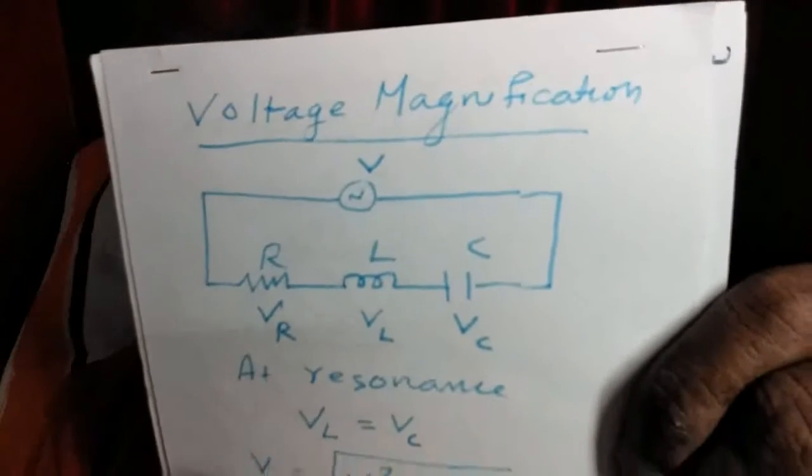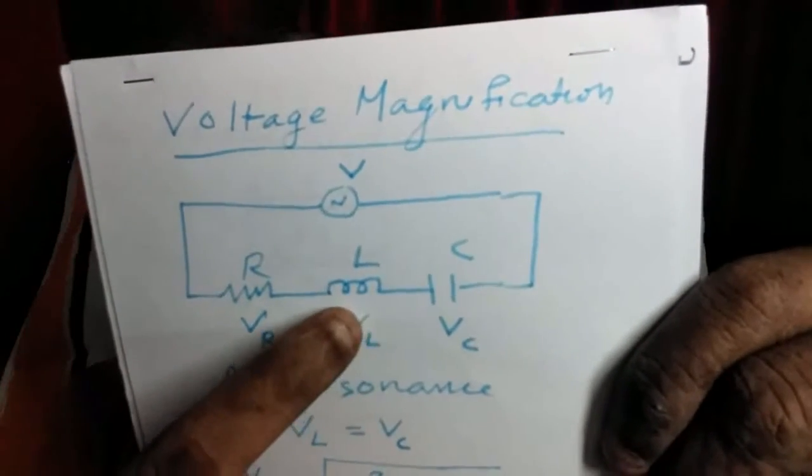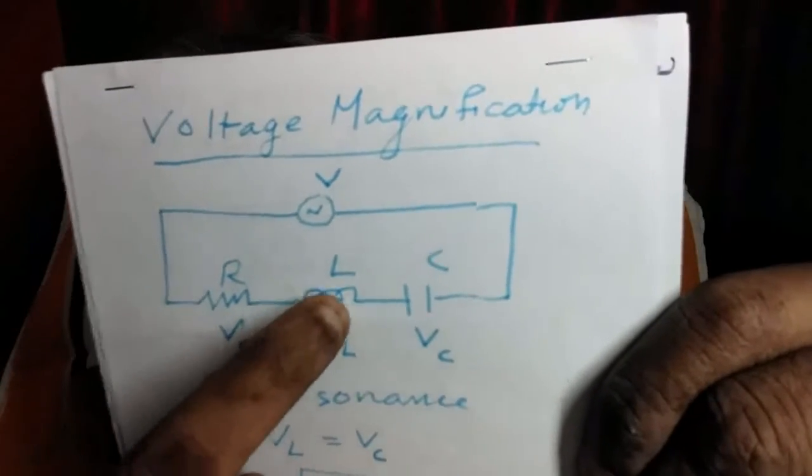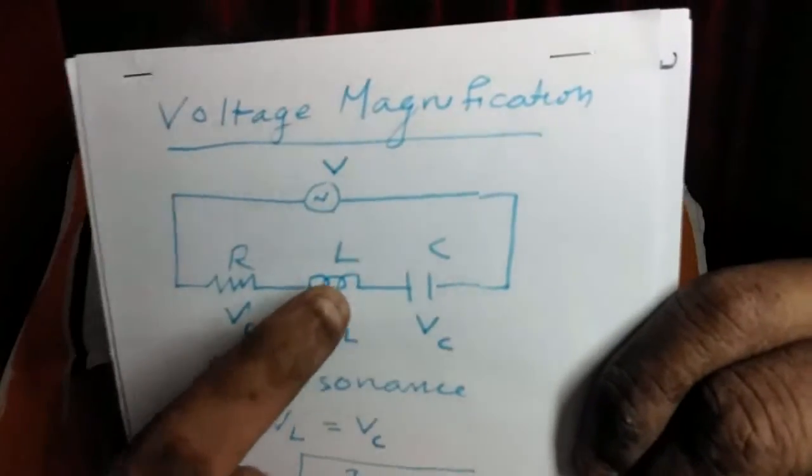That is, voltage is magnified across the inductance coil. That is one special property of a resonance circuit. You can tap a higher voltage than the applied voltage when resonance occurs, or the circuit magnifies voltage.